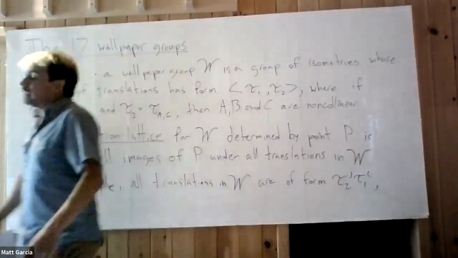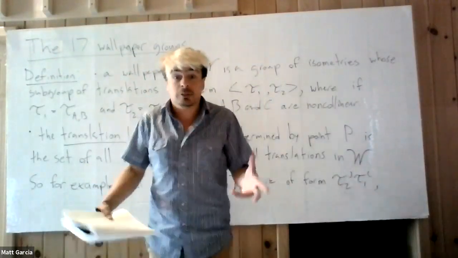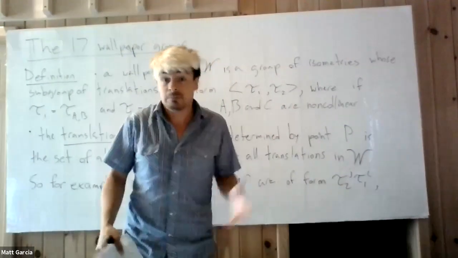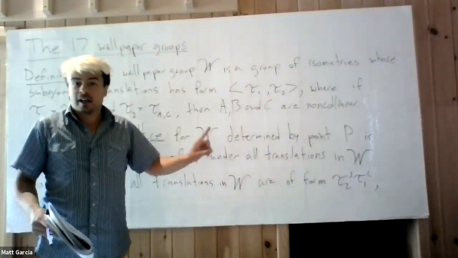That's of course because it's immaterial which order I write these in, because all translations commute with one another. I just pick this order arbitrarily to match the book's notation, but it really doesn't matter if I wrote tau1 or tau2 first.